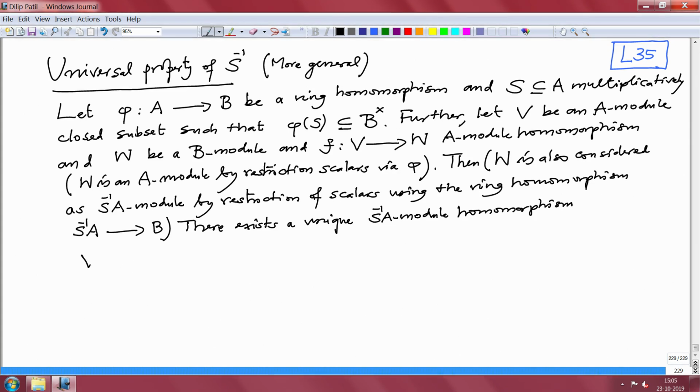So V is here, W is here, this is the given A module homomorphism F, and then we have S inverse V here, and this map is our iota V suffix S. Then we are saying that there exists a unique map here which I will denote S inverse F, and this should be an S inverse A module homomorphism, such that this diagram is commutative.